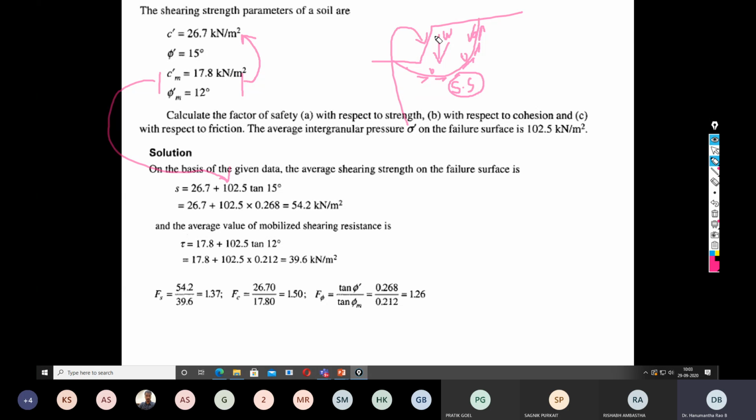These are the causes which increase sigma dash and thereby increase C dash m and phi dash m. Suppose you are not increasing the normal stress, then the same increase of C dash, phi dash can happen because of increase of the pore water pressure or due to external perturbations such as earthquake.